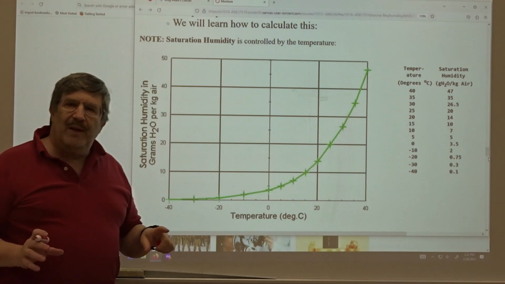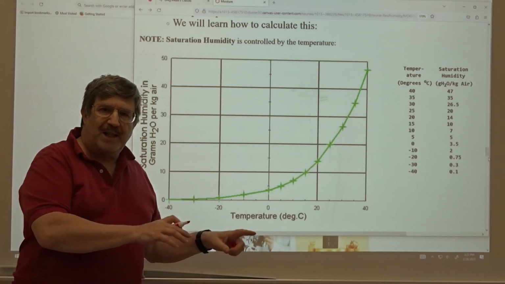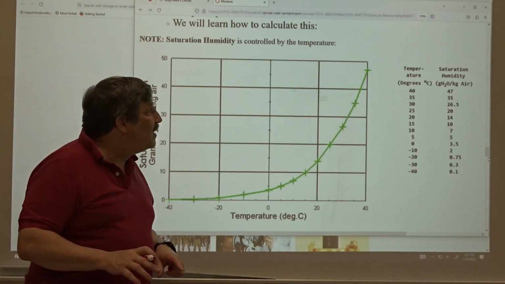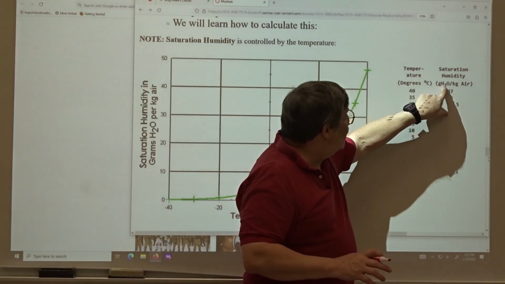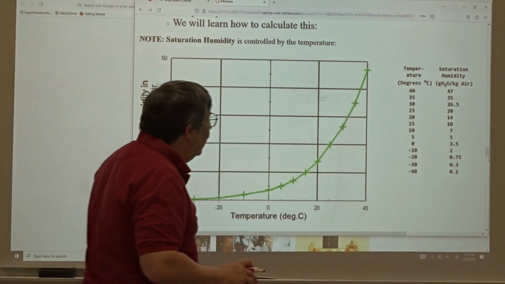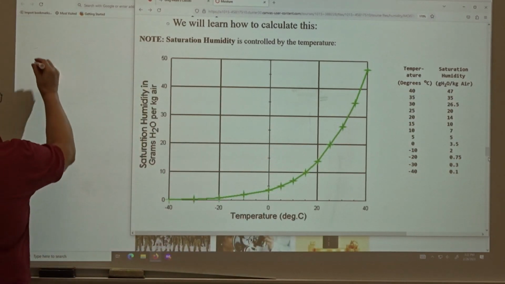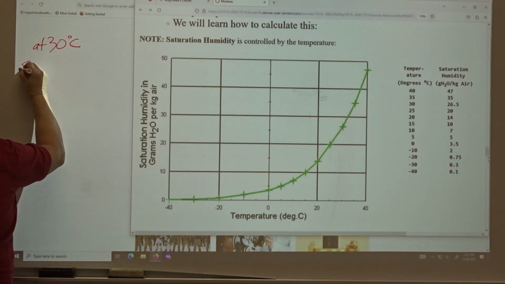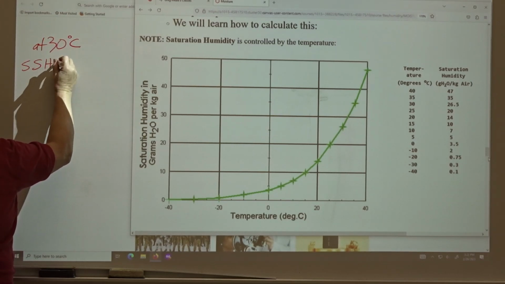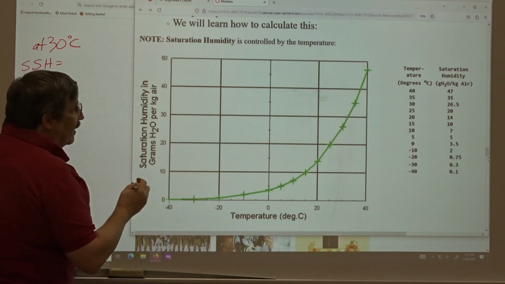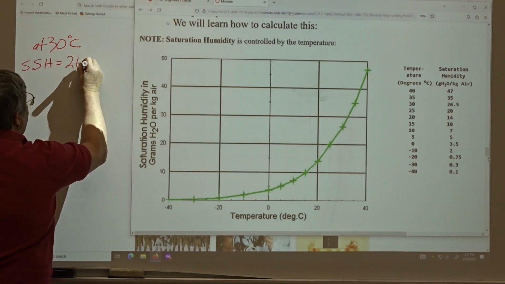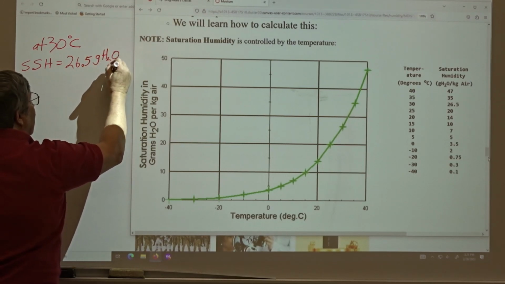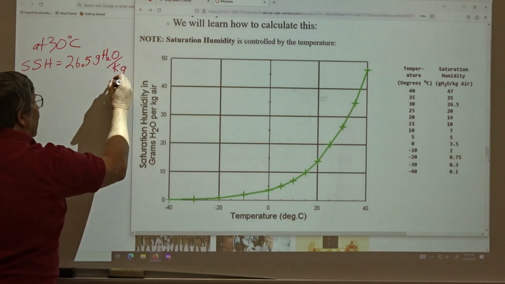And remember that your humidities, whether it's saturation specific or just your specific humidity, will always have the units of grams of water per kilogram of air. And so at 30 degrees, the saturation specific humidity is going to be 26.5, again, grams of water per kilogram of air.